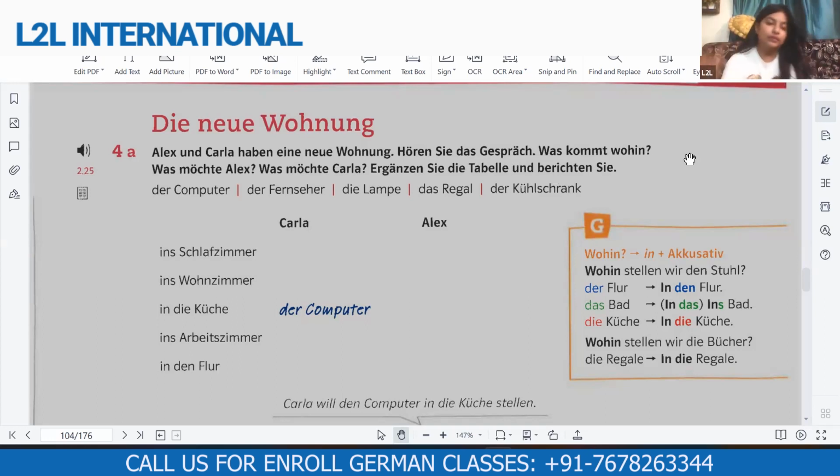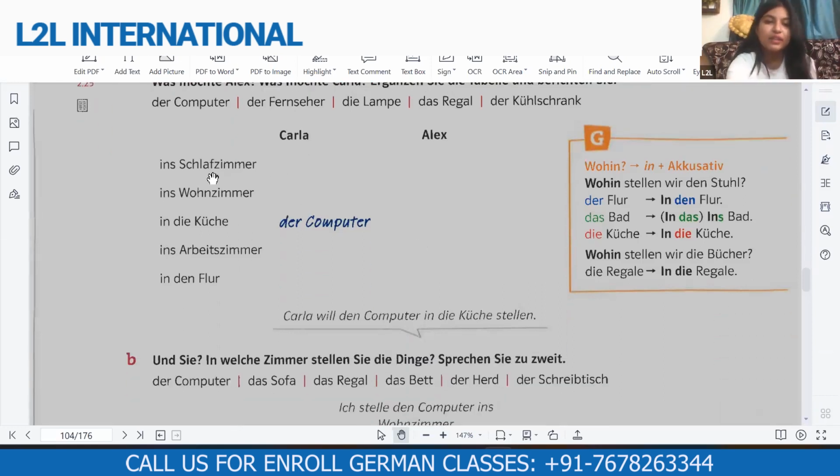Was kommt wohin? Where is what coming where? You can say that. Was möchte Alex? Where does Alex want to place what? Was möchte Klara? Where does Klara like to place it? You have to arrange it.